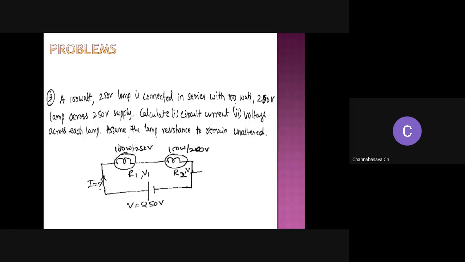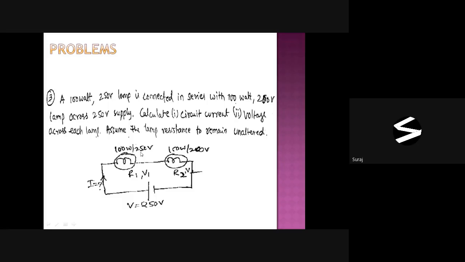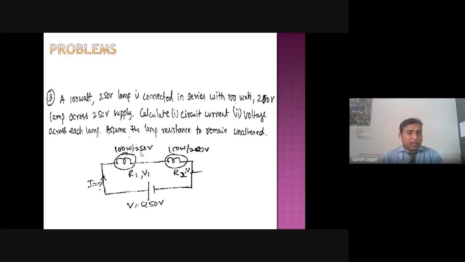P is equal to VI, or P is equal to I square R. I square R is one form, but we don't know I. V is given, so P is equal to V square by R. Very good. P is given, V is given, and only R is unknown.